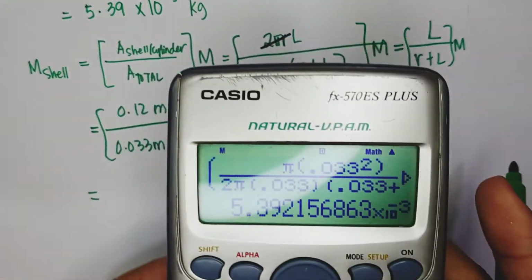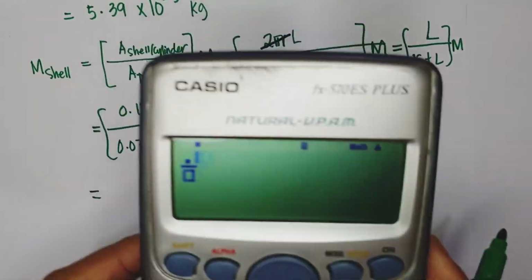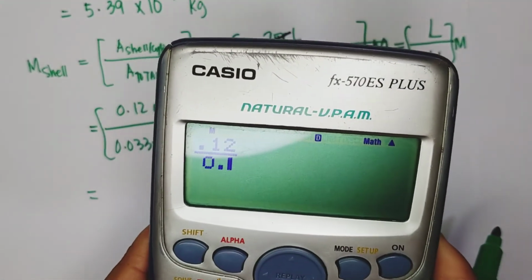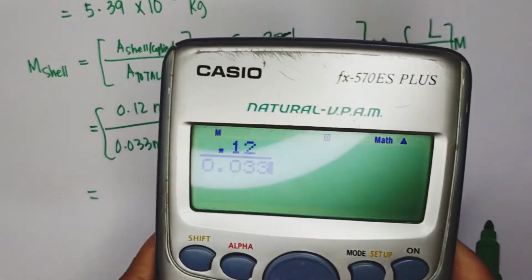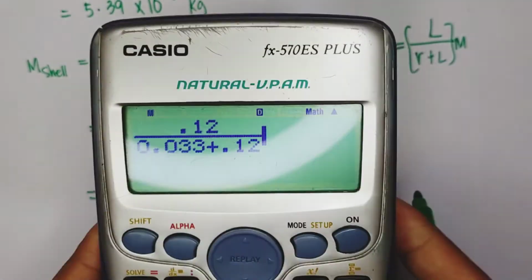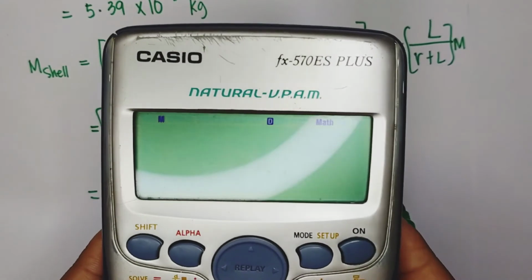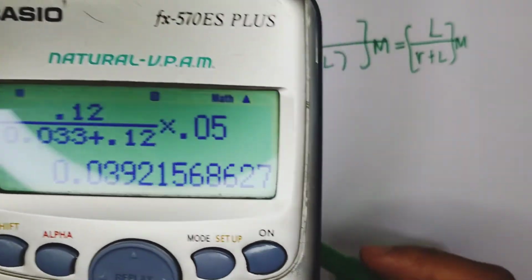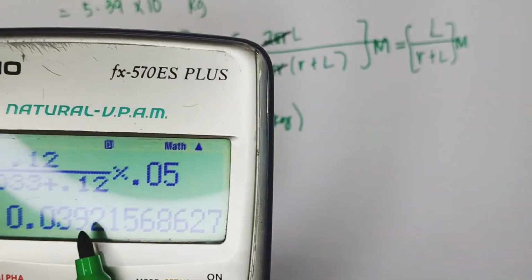So we have 0.12 divided by (0.033 plus 0.12), times 0.05. This is our answer.